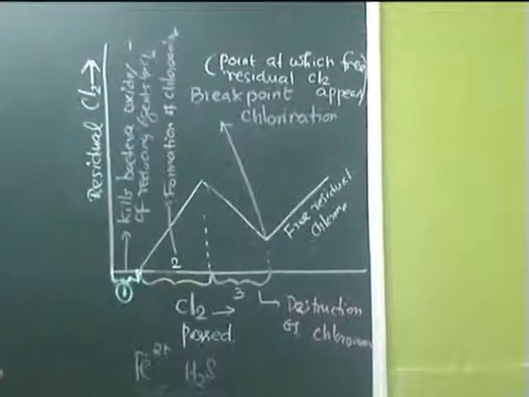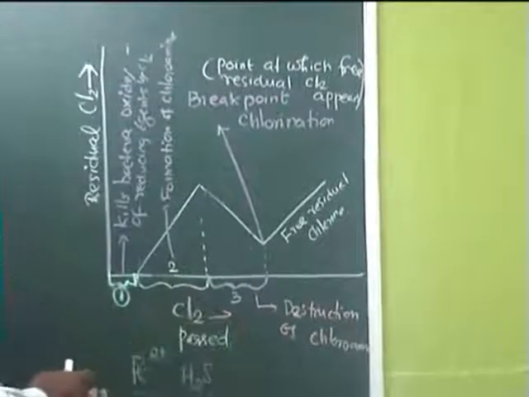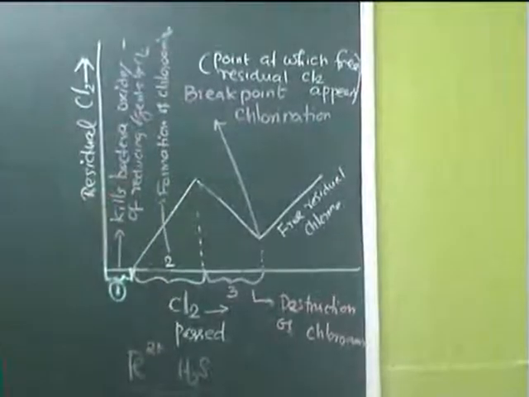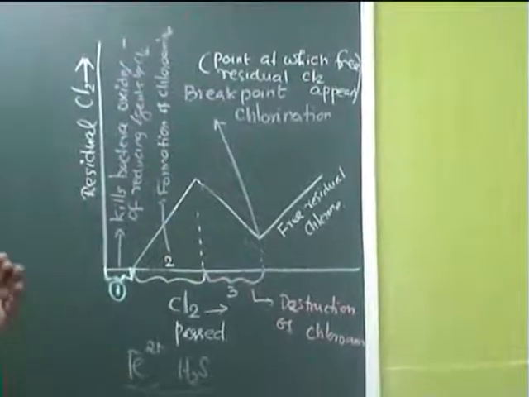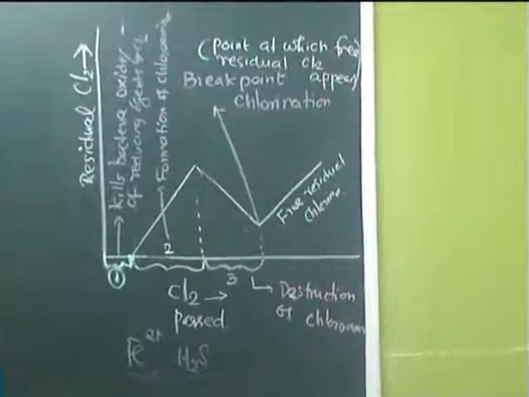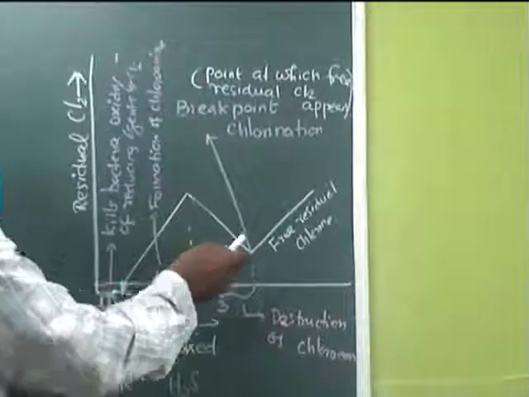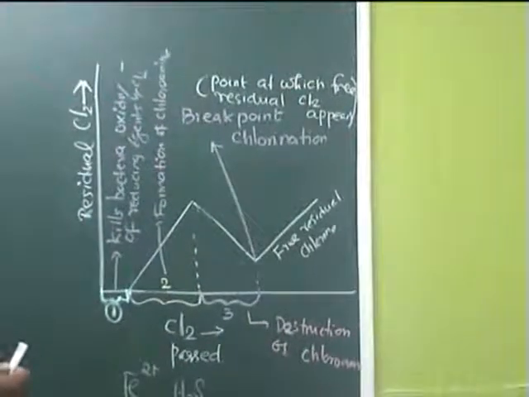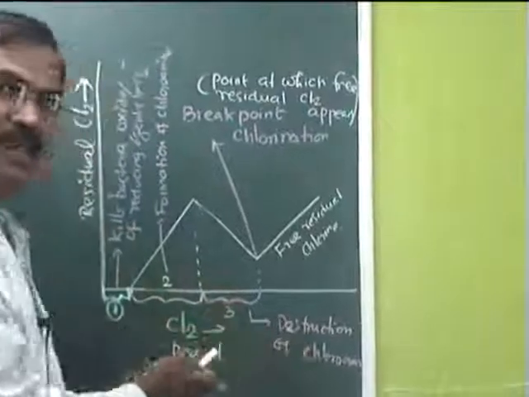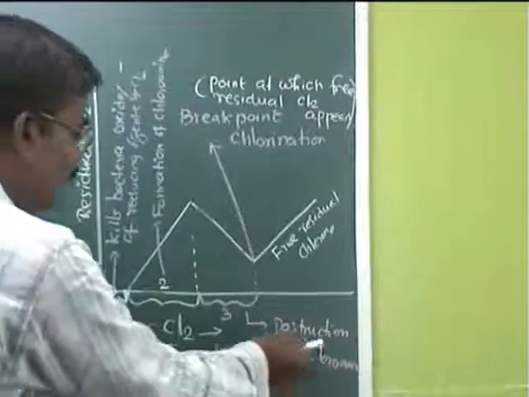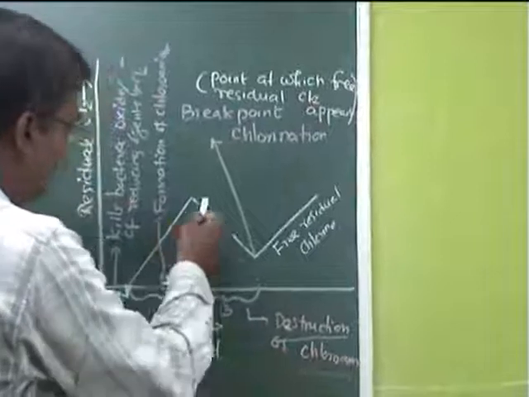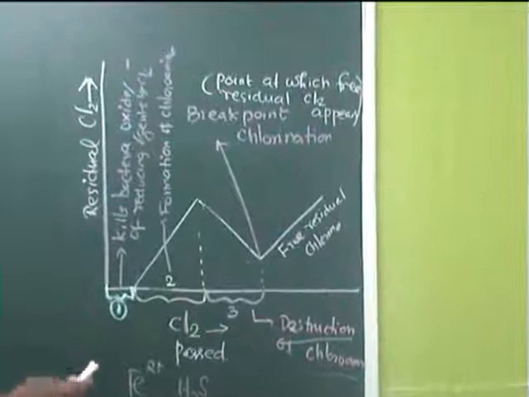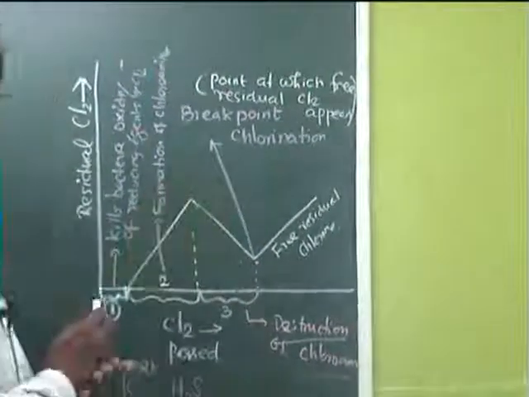So it is used completely for that purpose, so no chlorine is left over; residual chlorine is 0 at this level. When we pass chlorine further, the residual chlorine increases due to the formation of chloramine, and after that there is a drop because the chlorine which we are passing is used for the destruction of chloramine and other chloro compounds formed. So the residual chlorine content decreases and we reach a minimum point.